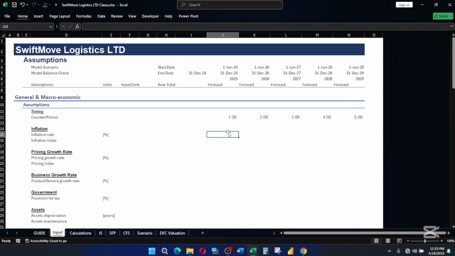We say the inflation rate is 24.23%. Another mistake you should avoid when building a model is saying, because the inflation rate is already 23%, you just go ahead and put 23% all through. No, that is not it.